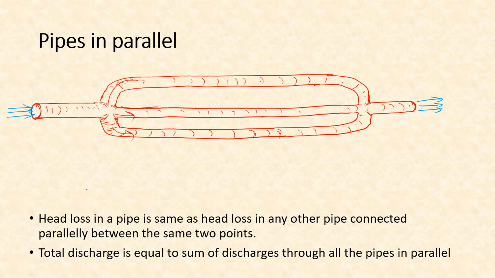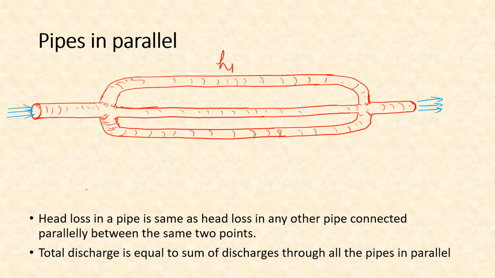Now if we measure the head difference for this first pipe, between this end and this end, then that head difference will be the same as whatever we measured in the previous case, and therefore the total head difference across all these pipes will be equal.